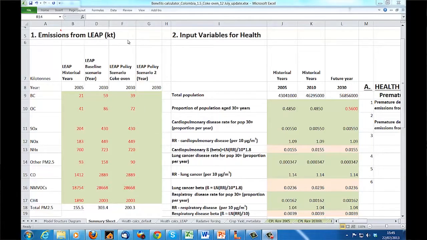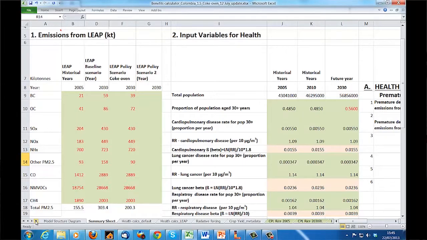First of all, in the spreadsheet we have the summary part, which is a tab that shows the area where you can input data from LEAP. So here we have all the different pollutants involved in particulate matter listed on the left, and you can see across the top we have first of all the historical year 2005, so those data go in there.